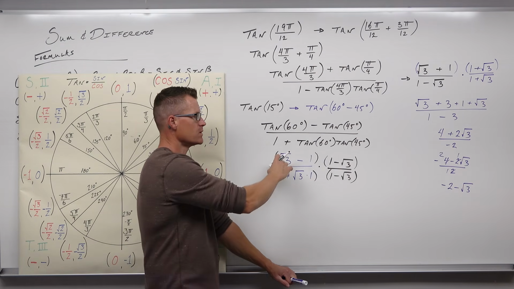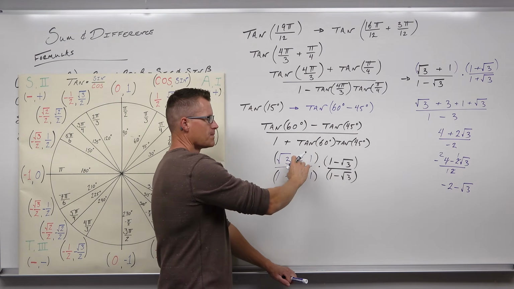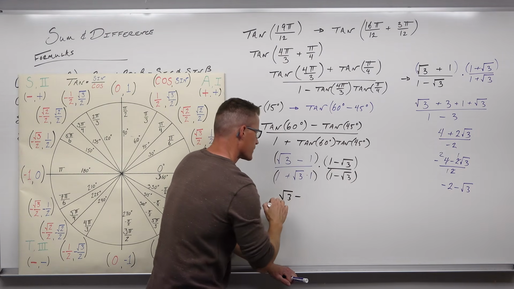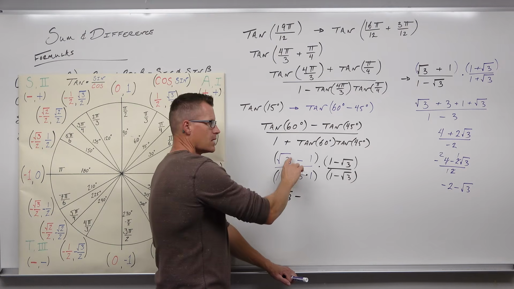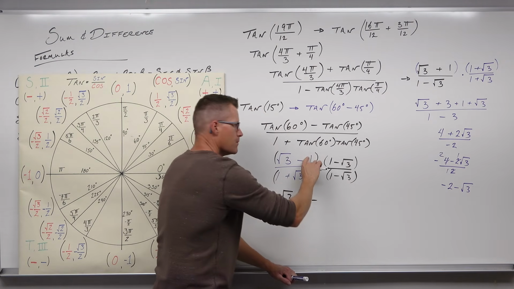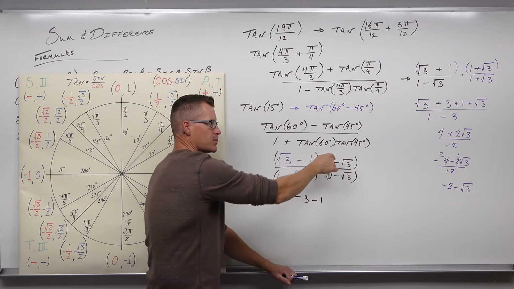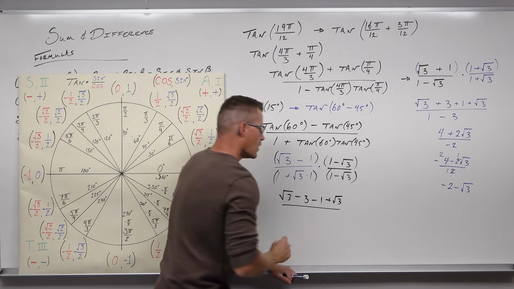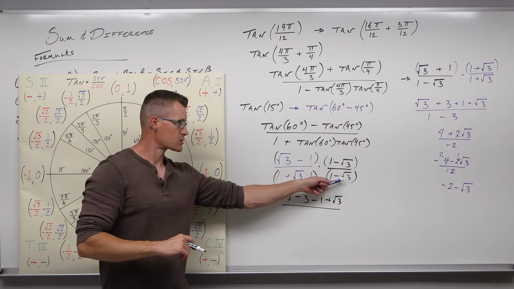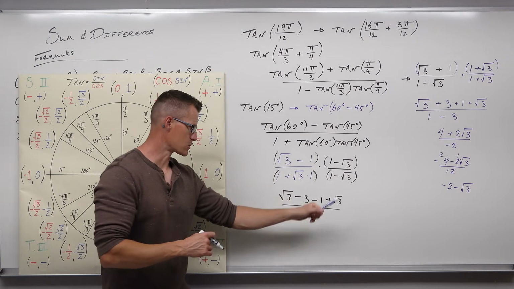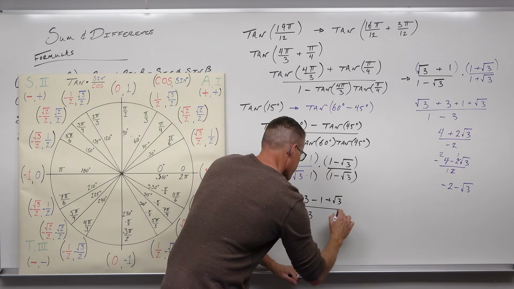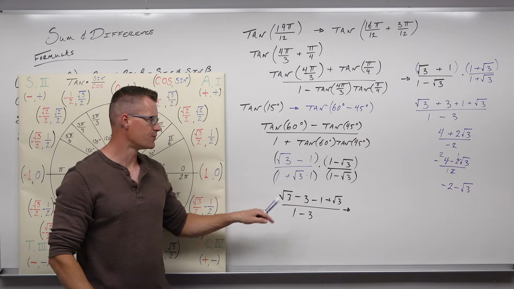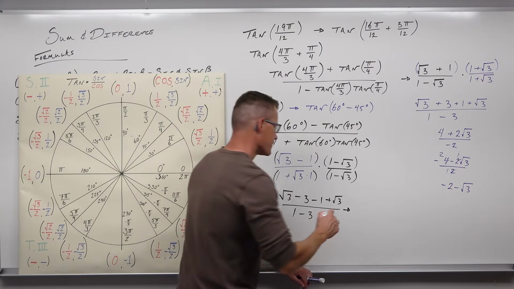When you distribute, you get square root of 3 times 1, square root of 3, minus 3, minus 1, and then negative times negative is a positive, plus square root of 3. On our denominator, we get 1 minus square root of 3 plus square root of 3, that's 0, and then minus 3. We have negative 4 plus 2 square root of 3.